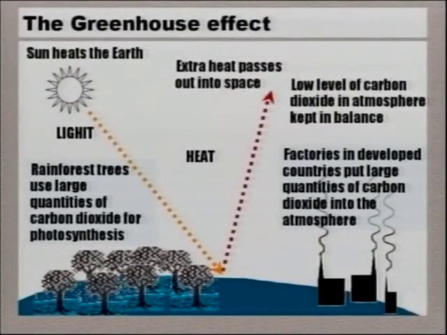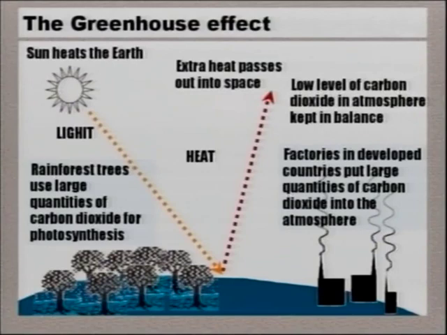Let's look at a simple diagram to show us the impact of the greenhouse gases and how they contribute to temperature differences. This first diagram here shows us the low level of carbon dioxide in the atmosphere, or generally in the natural process, whatever carbon dioxide we have present in the atmosphere.